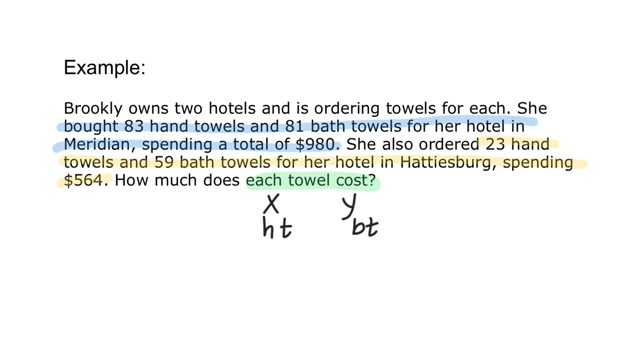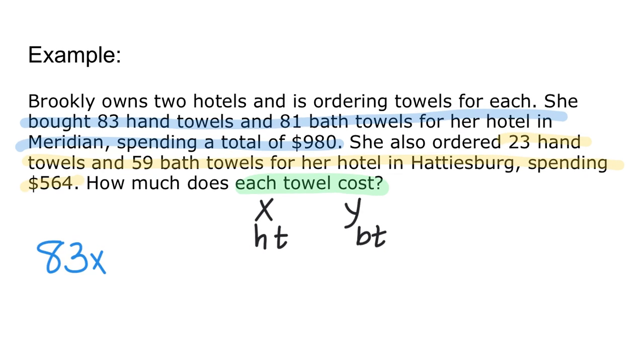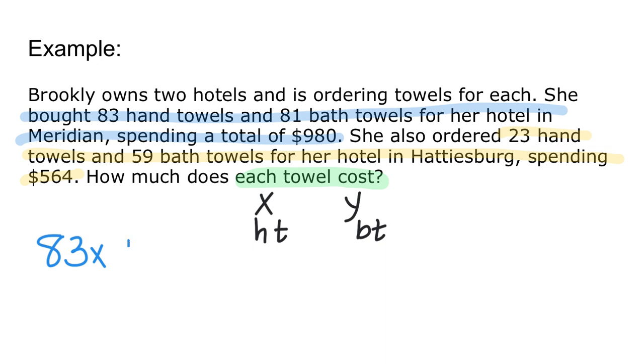So for the Meridian one, I know that she bought 83 hand towels, so that's 83x, plus 81 bath towels, so 81y, to equal her total of $980.